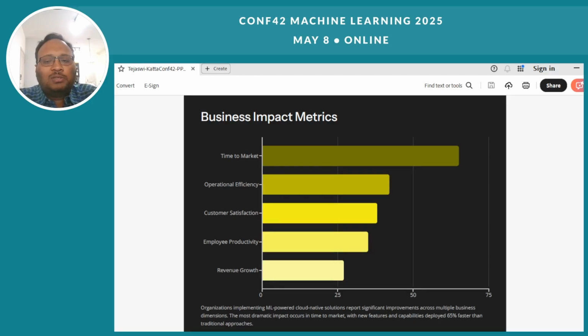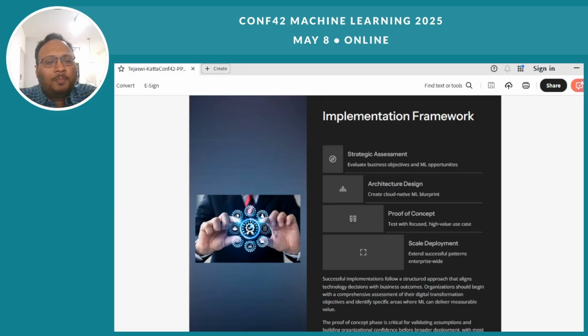So now let's look at the implementation framework for this ML integration. A proven roadmap ensures these benefits materialize. First, conduct a strategic assessment to align ML initiatives with business priorities.